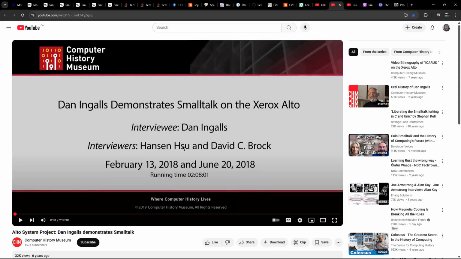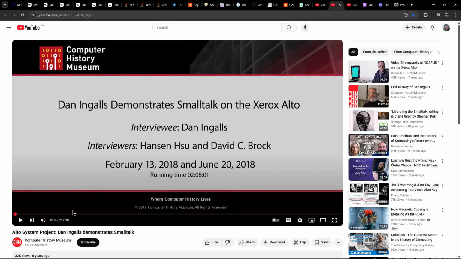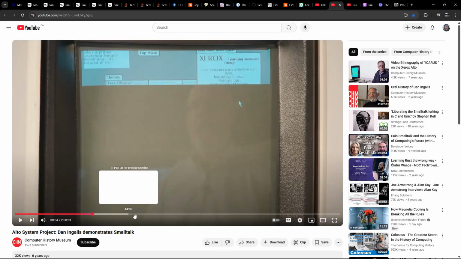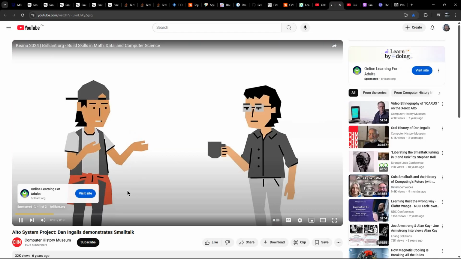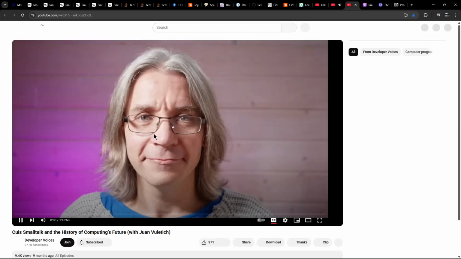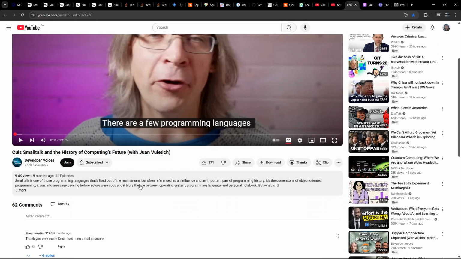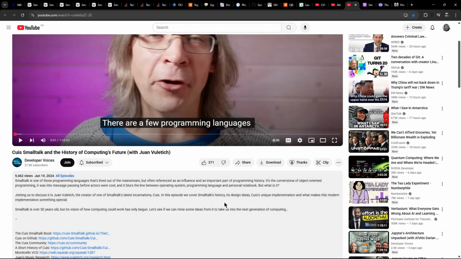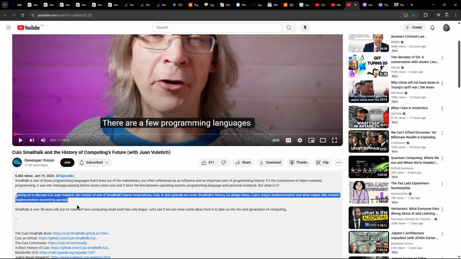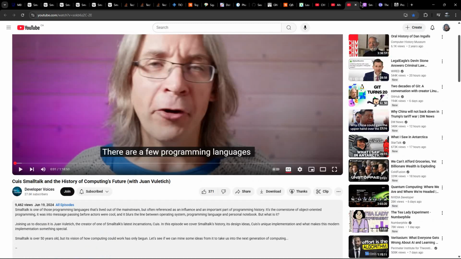You've got the Auto System Project, Dan Ingalls demonstrates Smalltalk on the Xerox Alto, which is pretty cool. And then there's a really good one here from Developer Voices, where they talk about a particular variant or incarnation of Smalltalk, and they talk about Smalltalk's history as well.